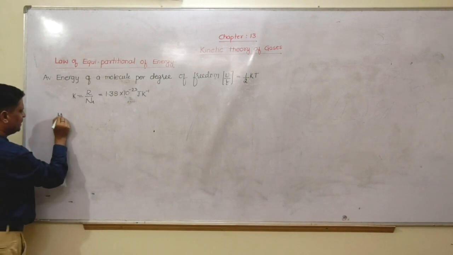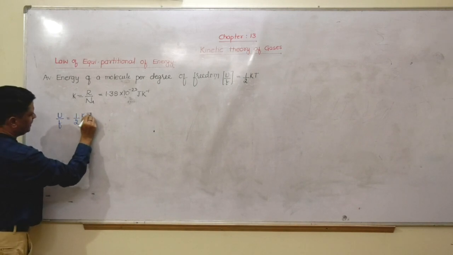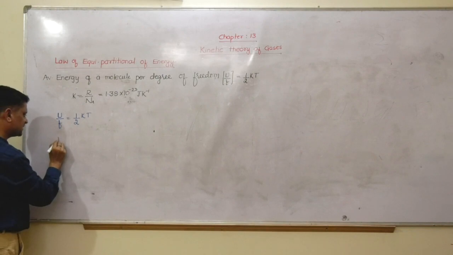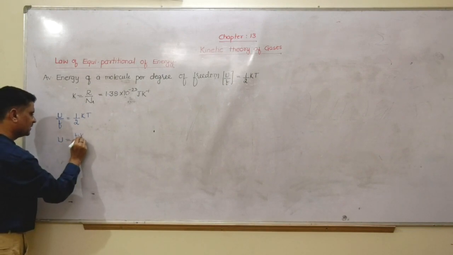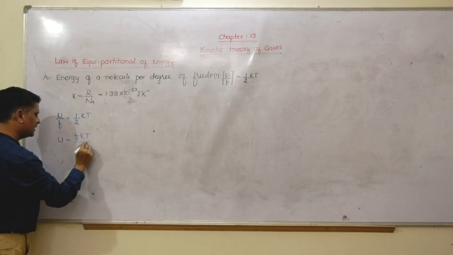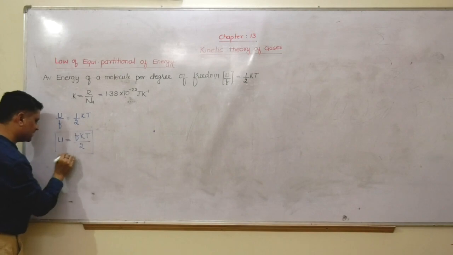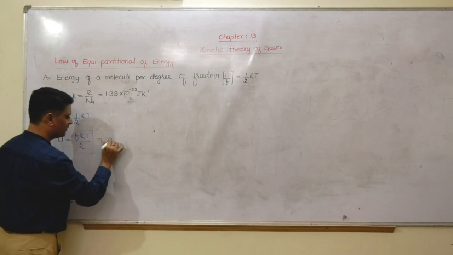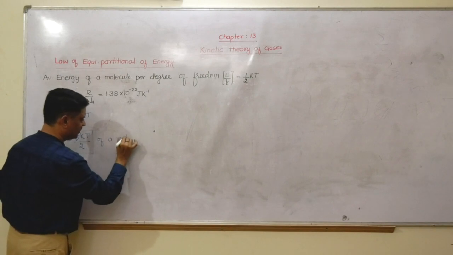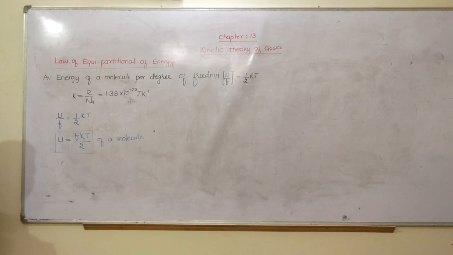So here I can write U by F is equal to half KT. If I send F that side, energy of a molecule is equal to F KT divided by 2. This is the energy of a molecule, for one molecule. Okay.